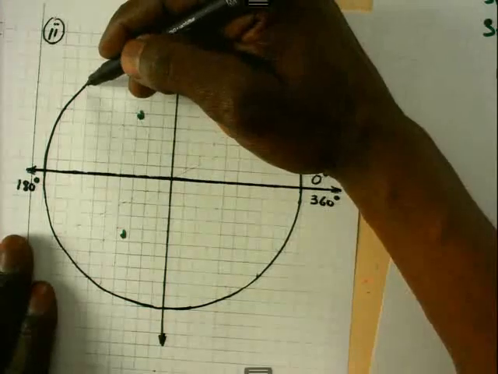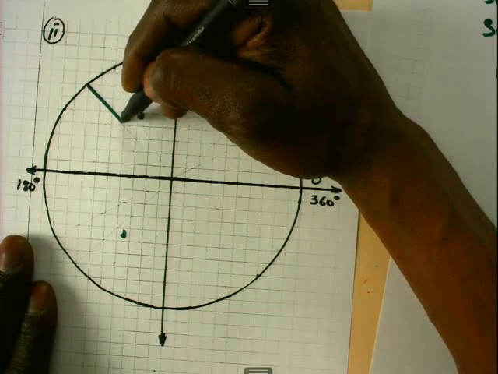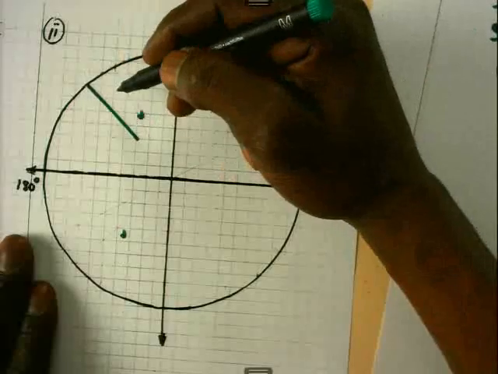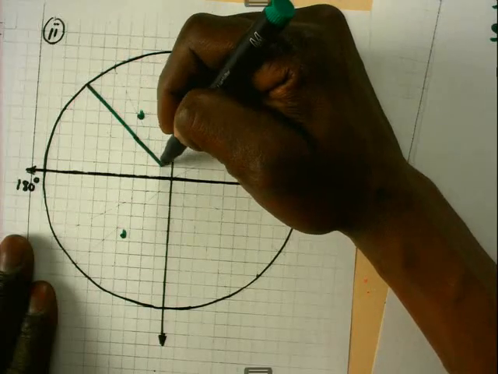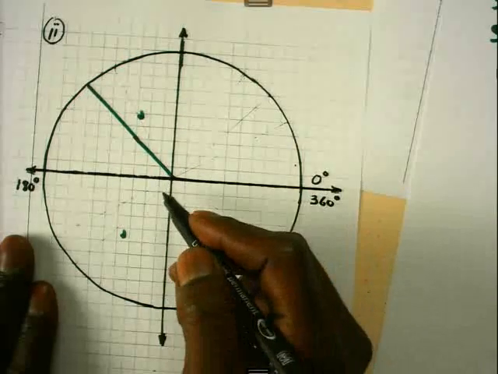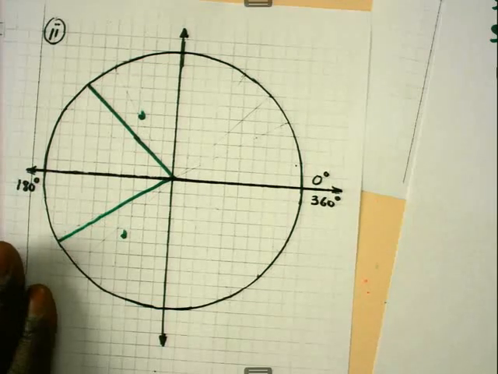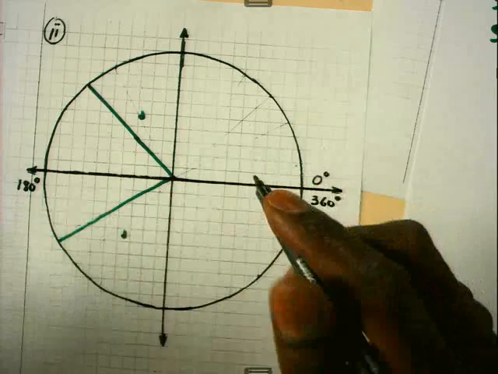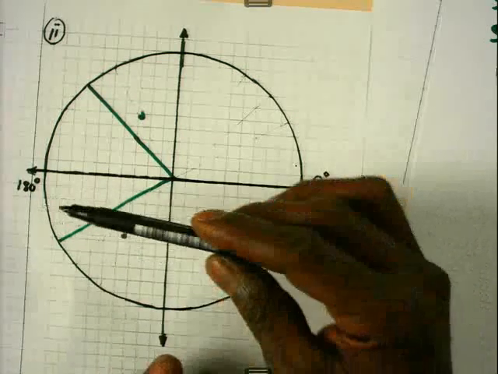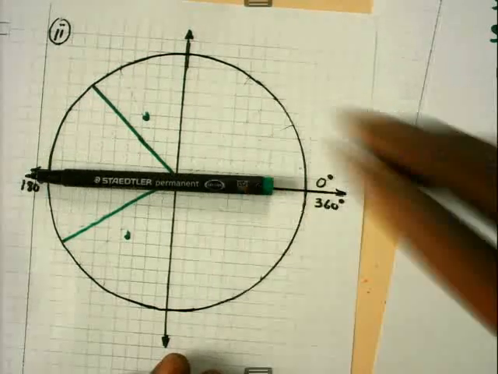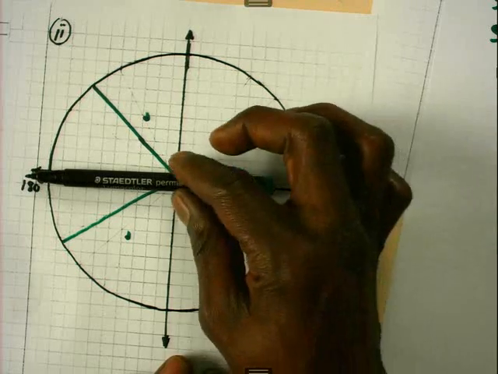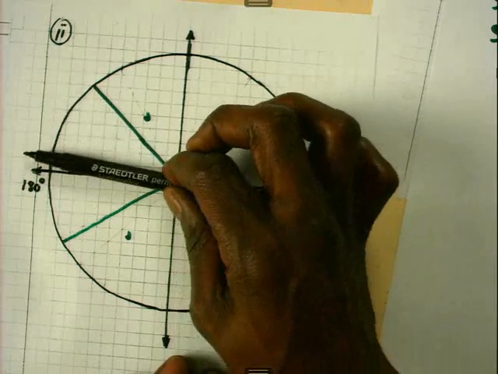Now we are going to work in the second quadrant and the third quadrant. So I'm going to make my terminal ray like that, and the other one like that, showing that we are working in the second quadrant. Now observe, I'm always using my x-axis to measure my reference angle.